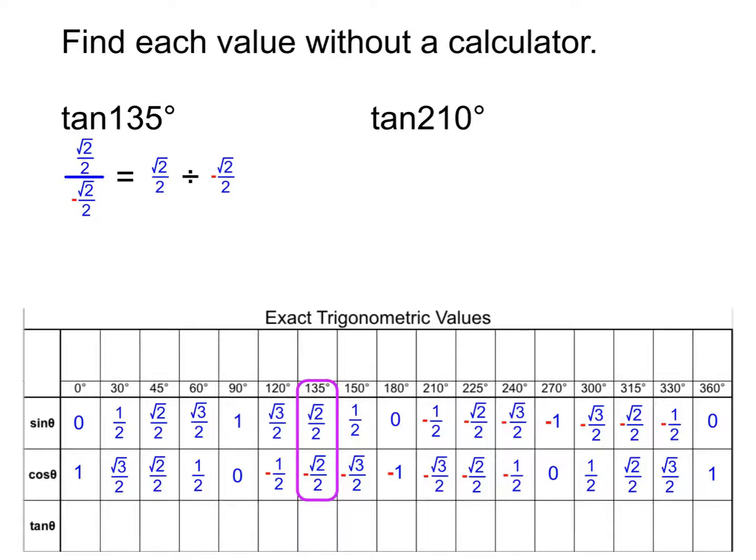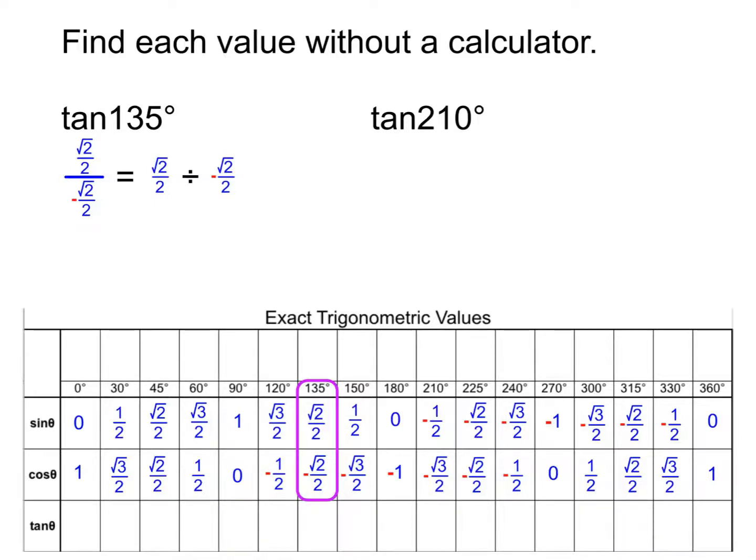Because notice this root 2 over 2 and the negative root 2 over 2. They're basically like the same number. The only difference is that one's positive, one's negative. I'm going to pull out a few random numbers here. What's 5 divided by negative 5? Negative 1. What's 7 divided by negative 7? Negative 1.